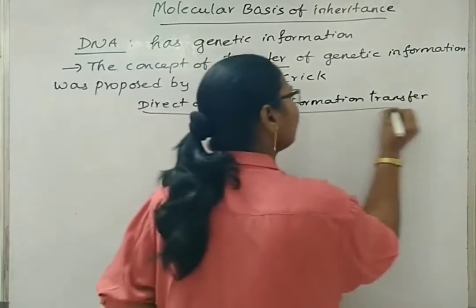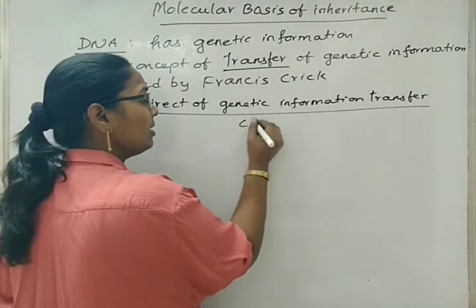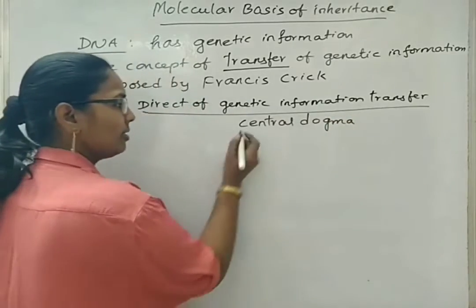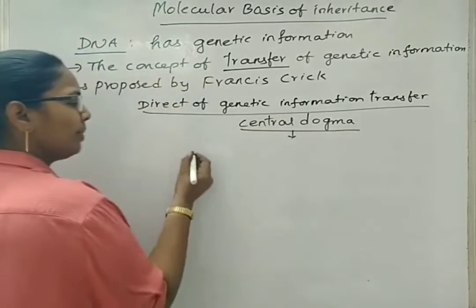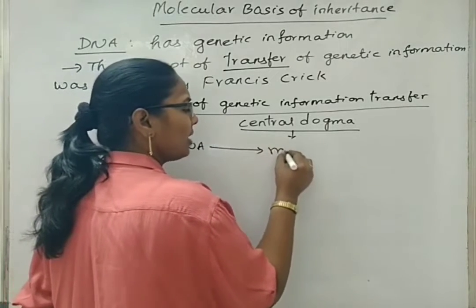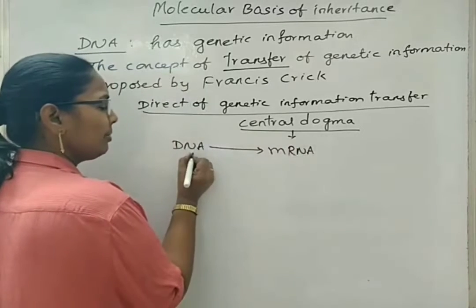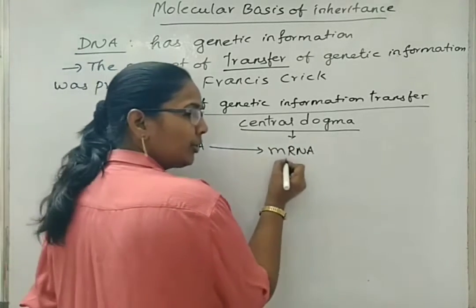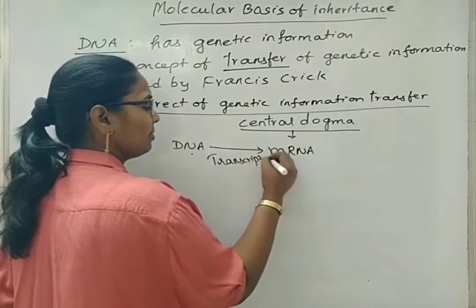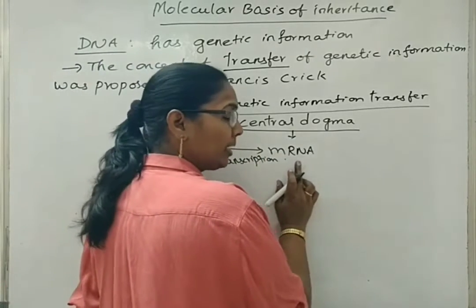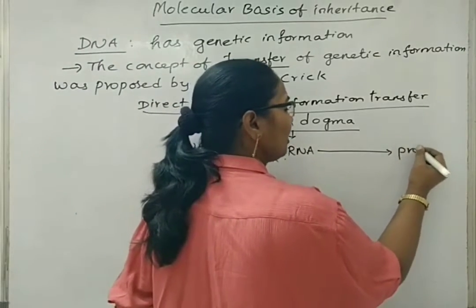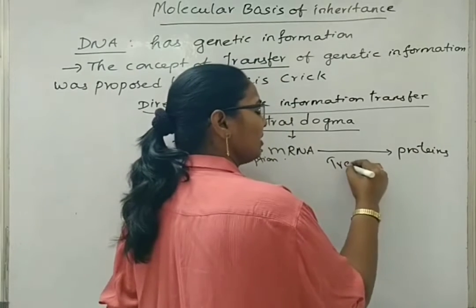This total sentence meaning is given with one single term, that is central dogma, which is simplified as: DNA has genetic information that is coding for RNA, meaning the information is transferred from DNA into RNA by a process called transcription. Now, the information present on the RNA, taken from DNA, is used for synthesis of proteins by a process called translation.